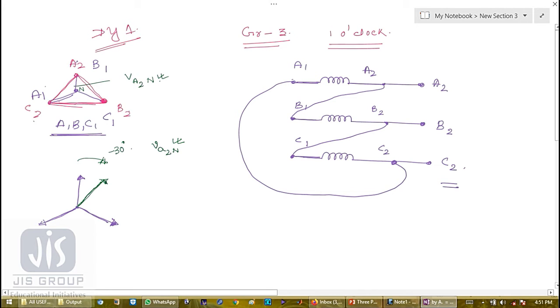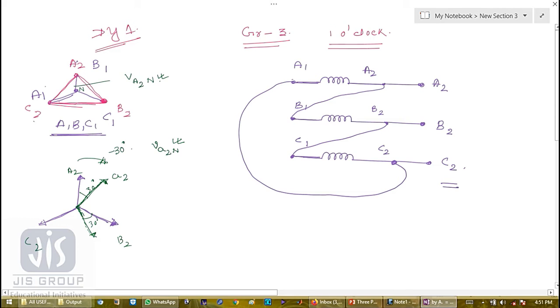This is my A2 and this is forming my neutral. This is A2, this was B2 for A2, and this was C2. Now B2 is clockwise 30 degrees. So very simple. This angle is 30, this angle is 30.